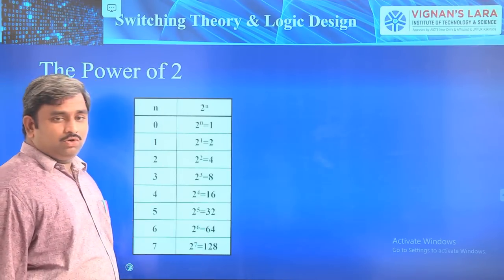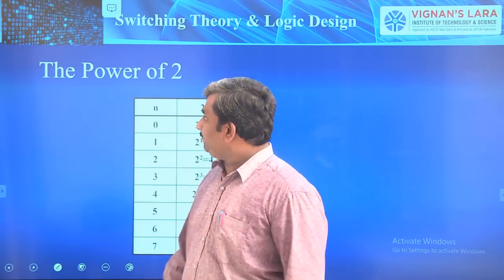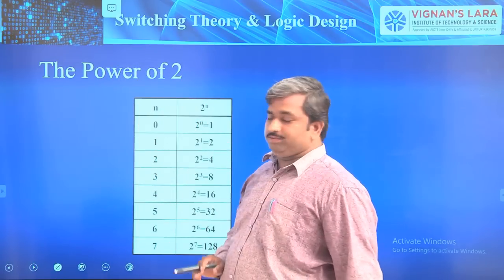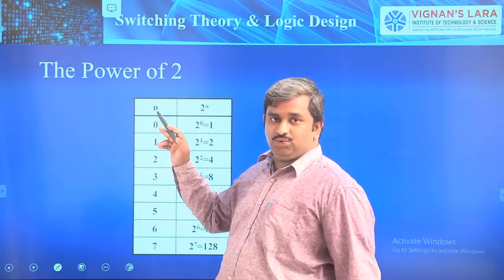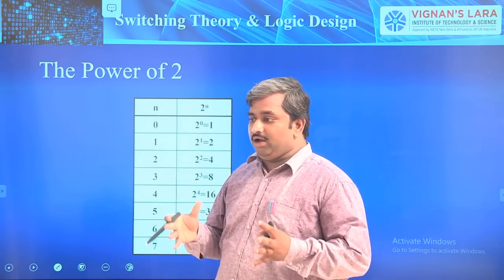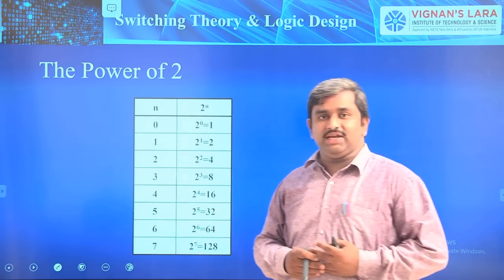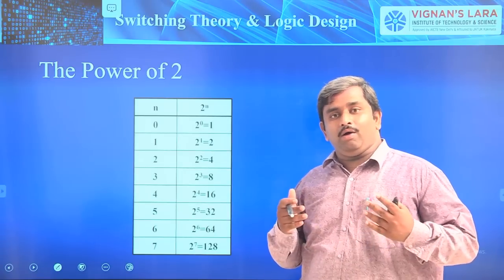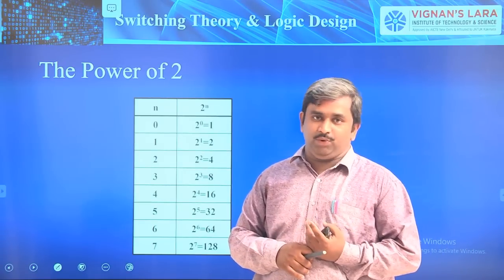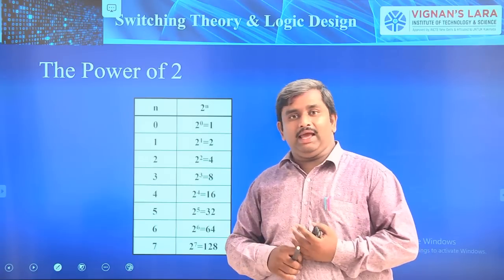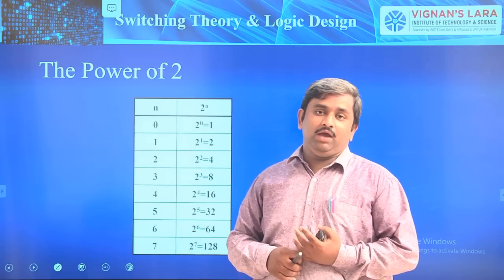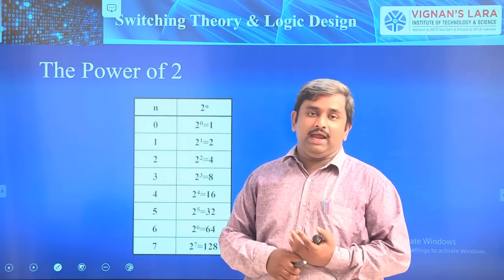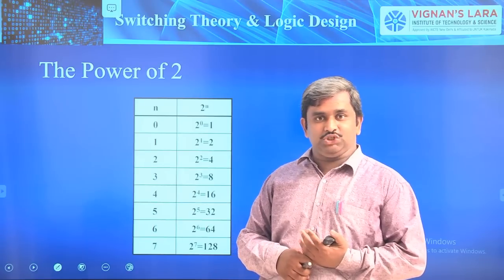In this class now we will see the powers of 2, that is, the sizes, which in the digital side we generally call memory. Our pen drive is 64 GB. Our mobile has internal memory of 64 GB and RAM of 4 GB, 6 GB, 8 GB.